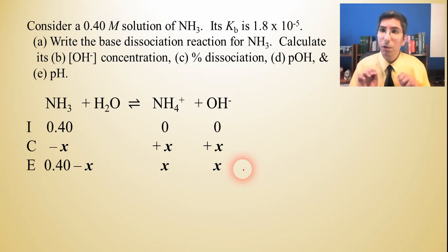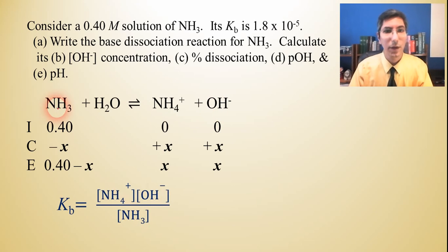Now we're going to plug these into the equilibrium constant expression for this reaction. That's ammonium ion times hydroxide ion all over ammonia concentration. Don't forget, we leave out water. Water's a pure liquid. We never include liquids like water in these expressions, do we?